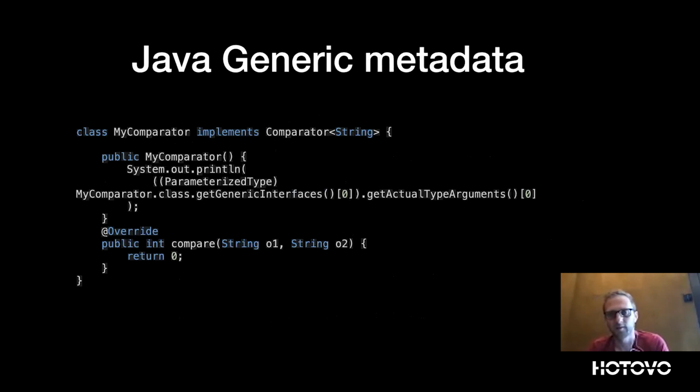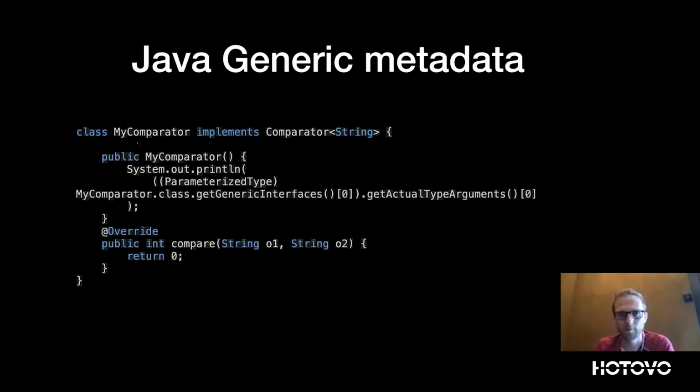And the last thing: the reification I was talking about in Java is really about passing an object of type T, which at runtime is just an object. However, type erasure doesn't apply to class metadata.